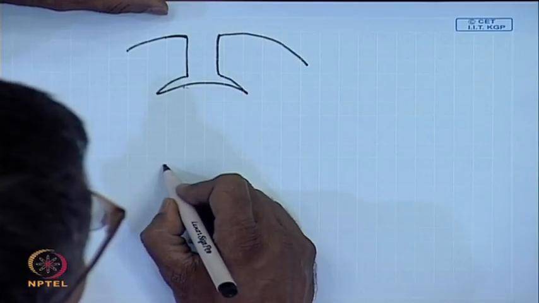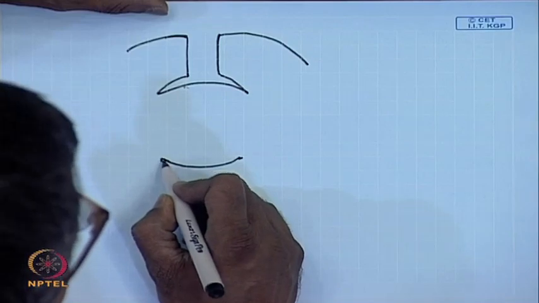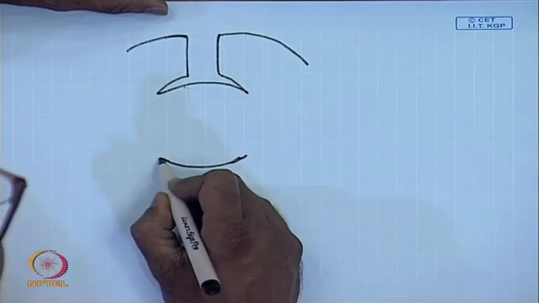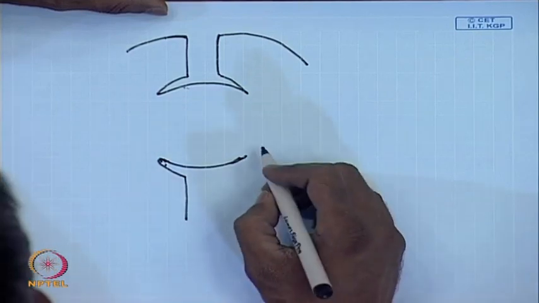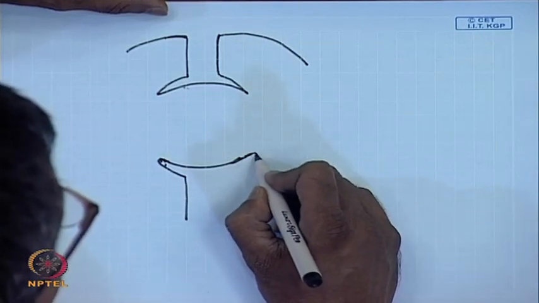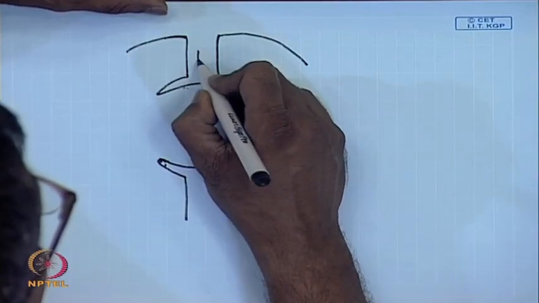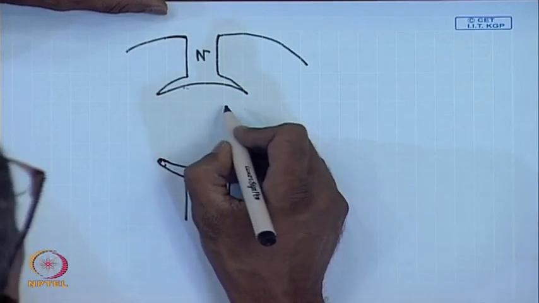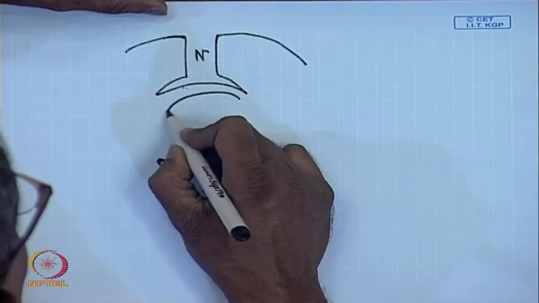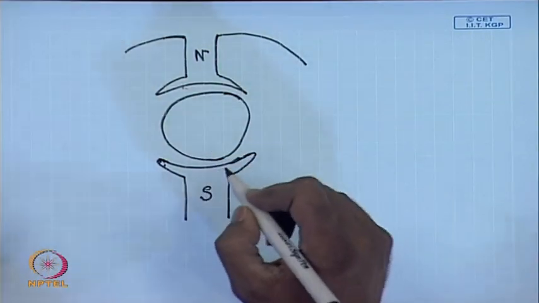So, these are the main poles, let us say. This is the armature.